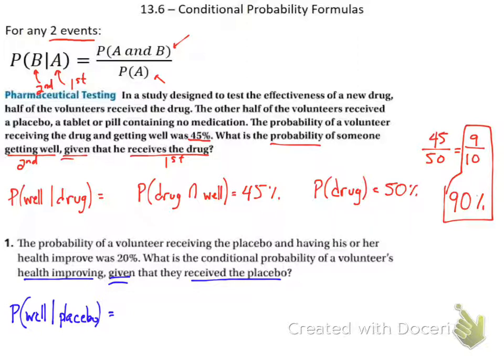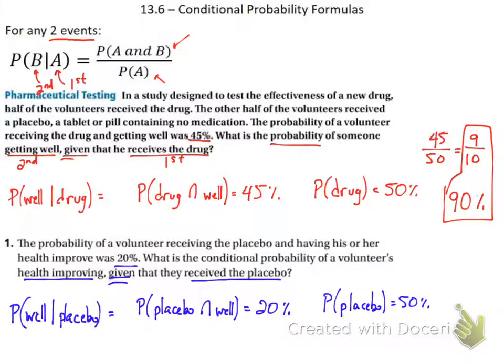And so again, I want to find out the probability that someone got the placebo and they got well, which again it said right here was 20%. I want to get the probability that someone got the placebo, which in this case, again, half got the placebo, half got the drug, so it's going to be 50% again. And then I can just divide the and by the placebo to go 20 over 50, which reduces down to 2/5, and that gives me 40%.